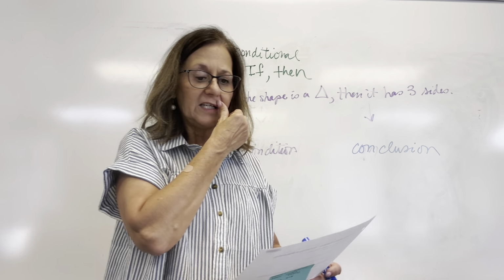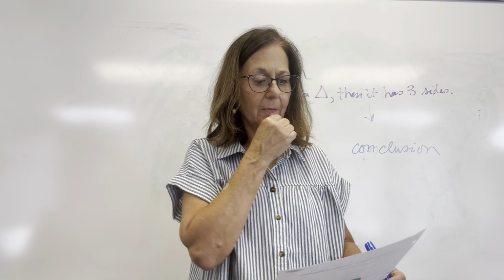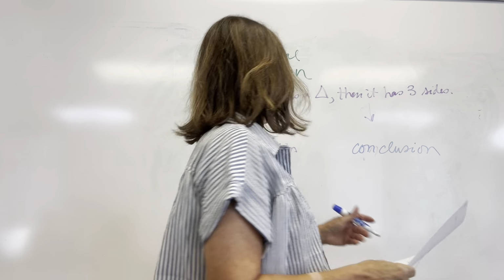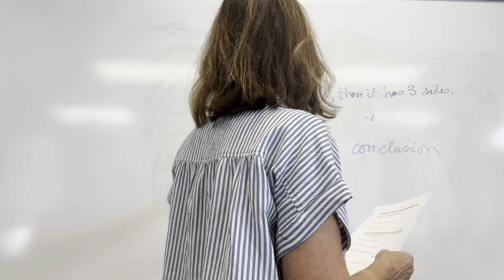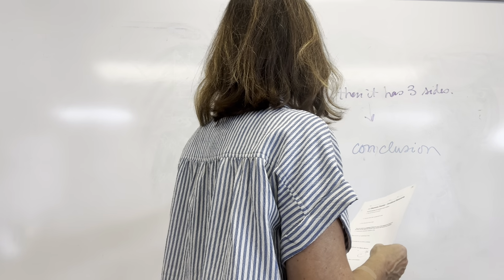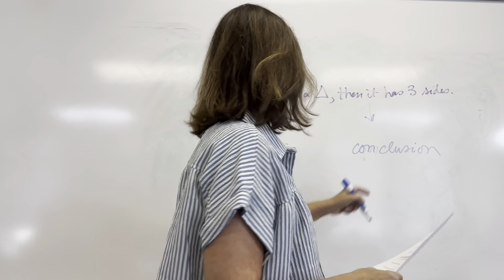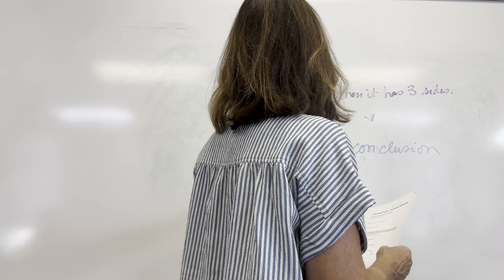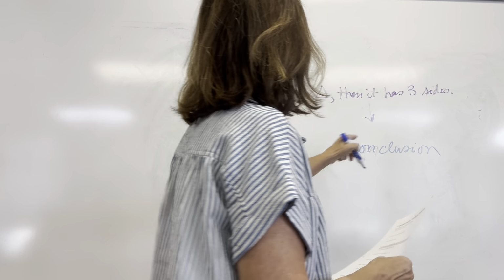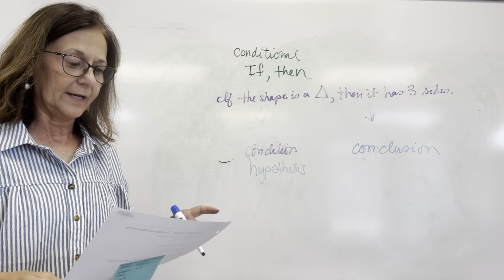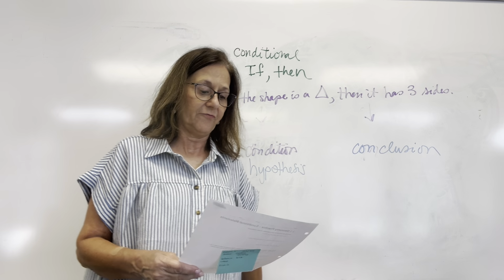Okay, look on page 14. The condition is the hypothesis. I wrote it correctly the first time, but I like to call it condition, conclusion. Your book does call it the hypothesis, and that's the conclusion. All right, so look at number 1 on page 14.